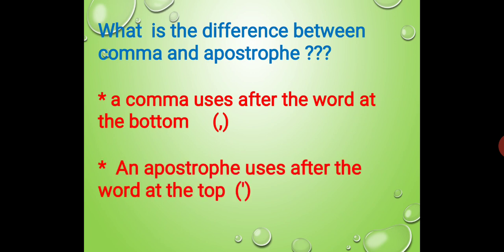And we use an apostrophe after the word at the top. When we want to show belonging or ownership, we use an apostrophe at the top side after the word. We use only an apostrophe to show belonging or ownership, or we use an apostrophe and S to show the possession.